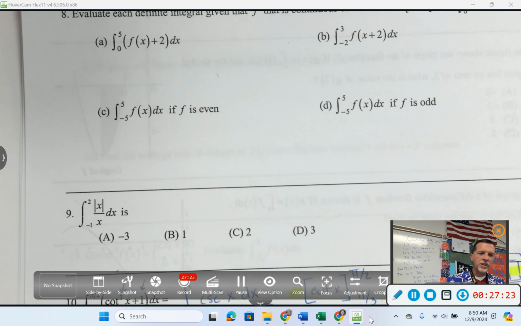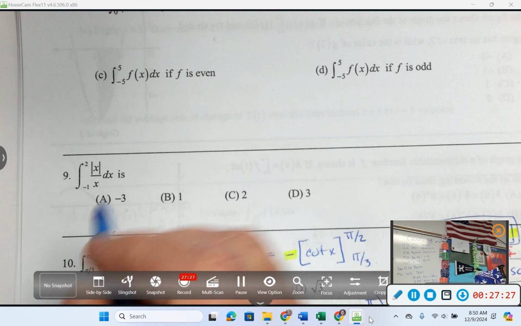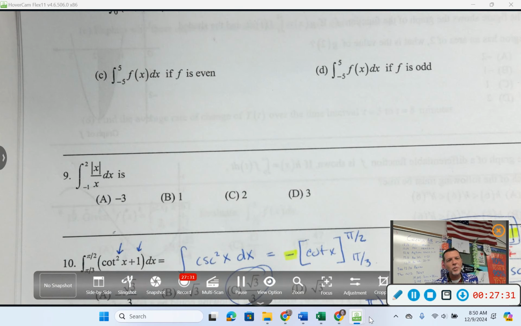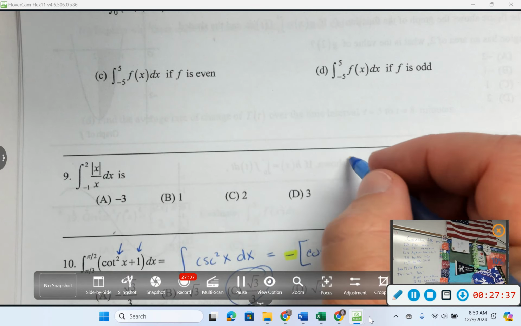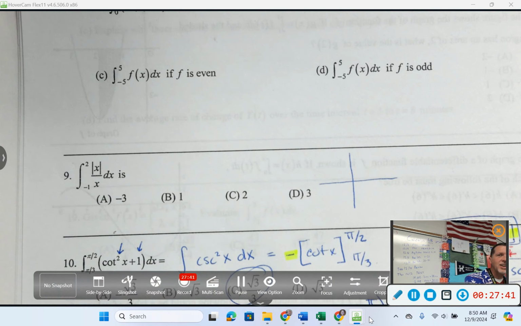I think we should probably look at number 9 though, because there are 2 ways to work integral problems. There's antiderivatives and area. I don't know what the antiderivative is, so I better know what the area is. And if I want to do the area, I have to know what the graph looks like.